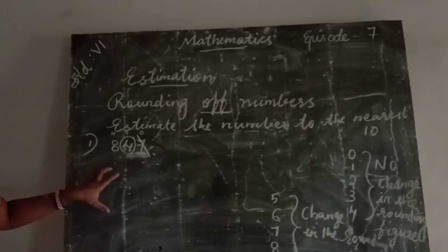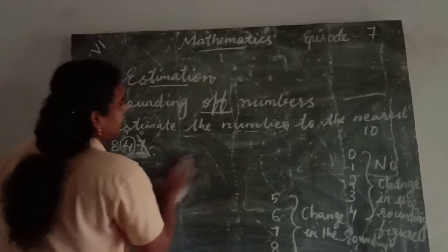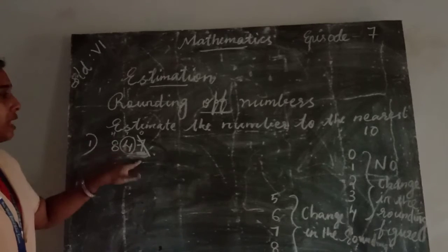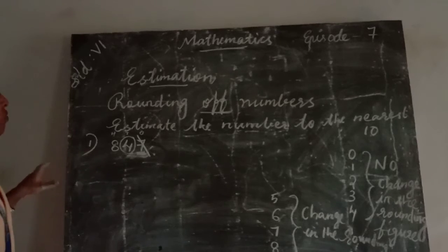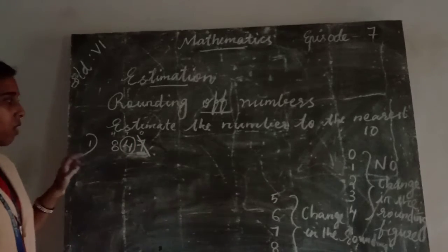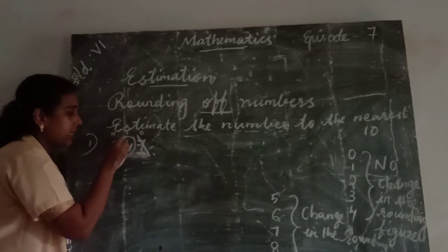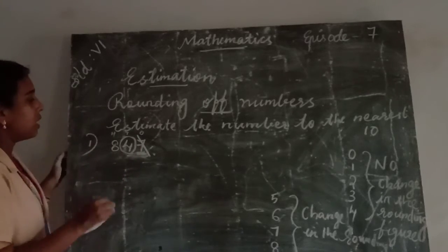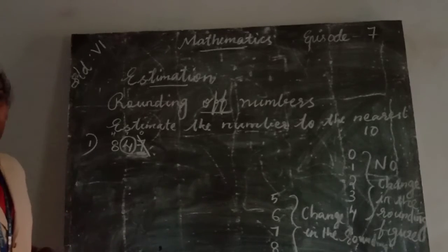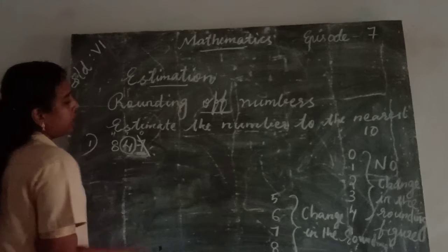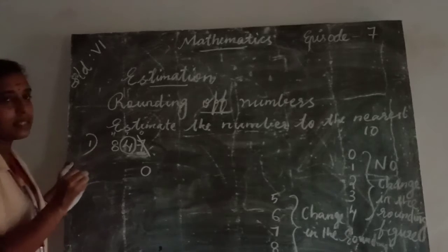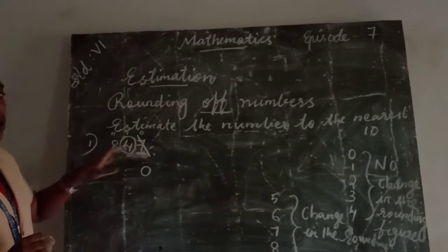So once again, we want to find the nearest 10 of the number 847. For finding the nearest 10, we take the two digits from the right, in the ones and tens columns, and we round the digit in the tens position. We write 0 in the dropped position.